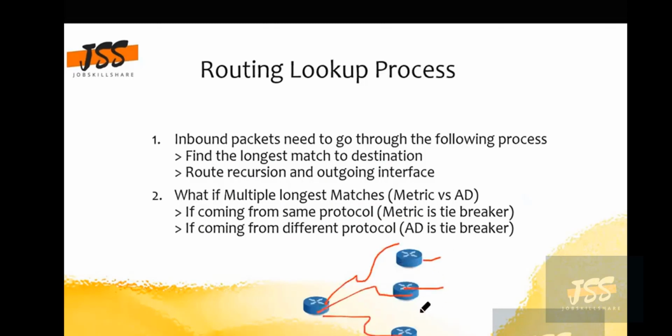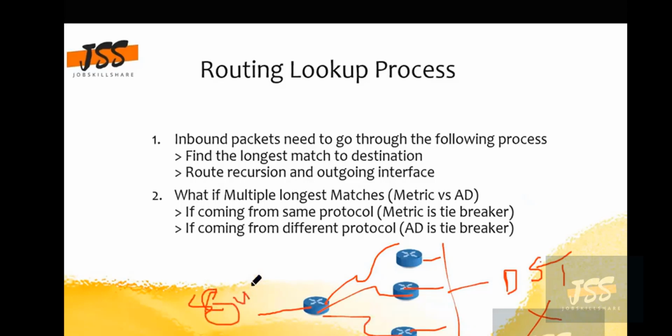They are all connected with the same destination, let's say X. And here we have the source. It means this router is learning multiple destinations from different routers.